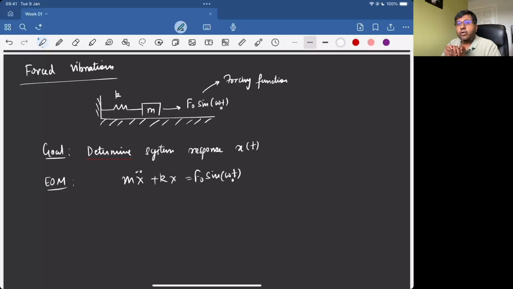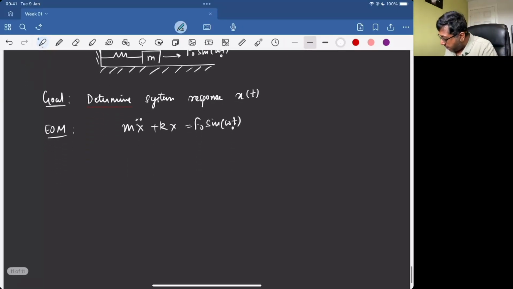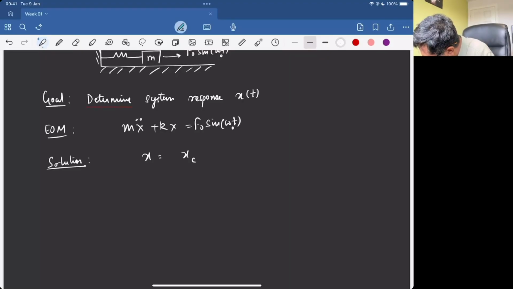So what we did was we decomposed our solution x equal to xc plus xp. We call this our complementary solution, and this is nothing but our particular solution.